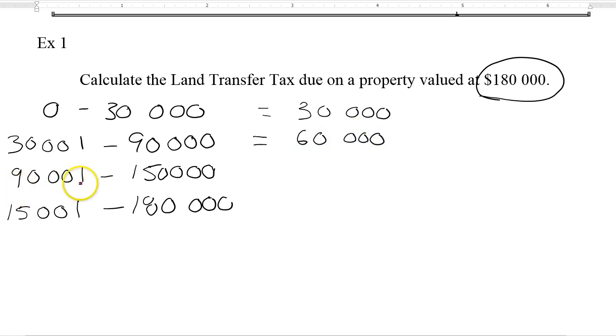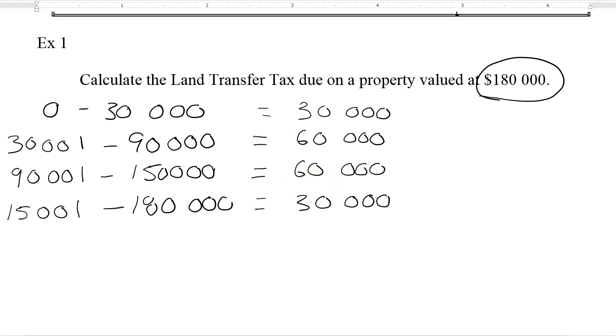From 90,001 to 150,000, that's another 60. In my last bracket, from 150,001 to 180, that's only 30,000. So I've outlined which brackets fit in my question, and the amount of money I have in each bracket.